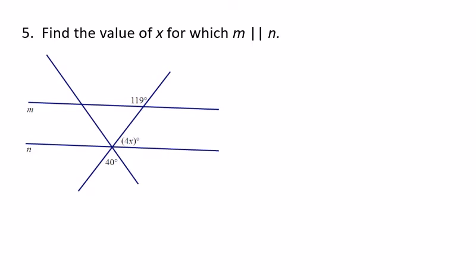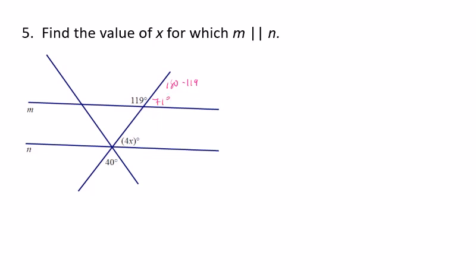But we could pretty easily find this angle here, right? Because we have a linear pair with 119 in that angle, and then 4x and that angle would be corresponding. So that would probably be my suggestion. We also have a vertical pair here, so we could find that would be 40 degrees, and we could take that avenue. But I think this will be the easier way to go. So 180 minus 119 is 71.